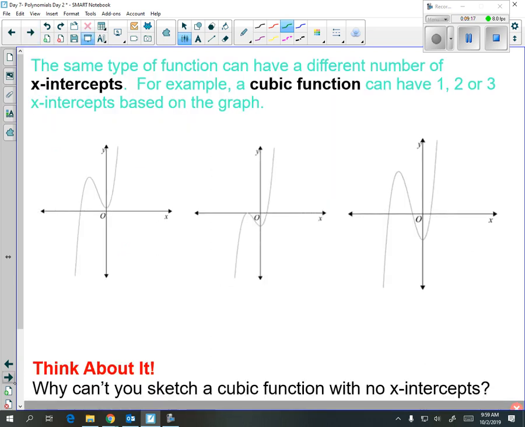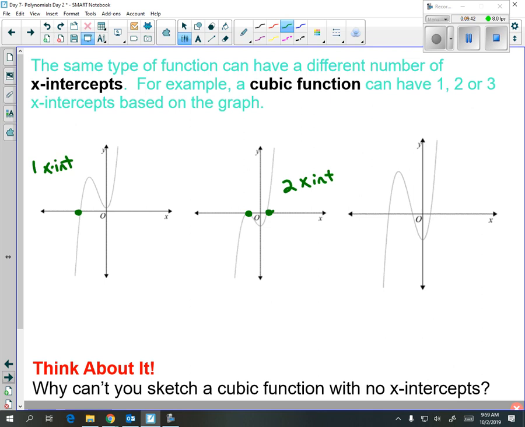So the same type of function can have a different number of x-intercepts, which we've talked about. For example, a cubic function could have 1, 2, or 3 x-intercepts based on the graph, right? The first one has 1 x-intercept. Next one has 2 x-intercepts.